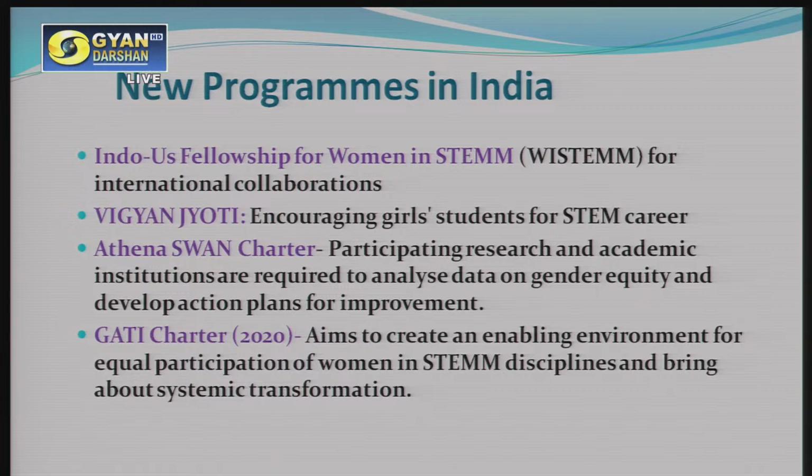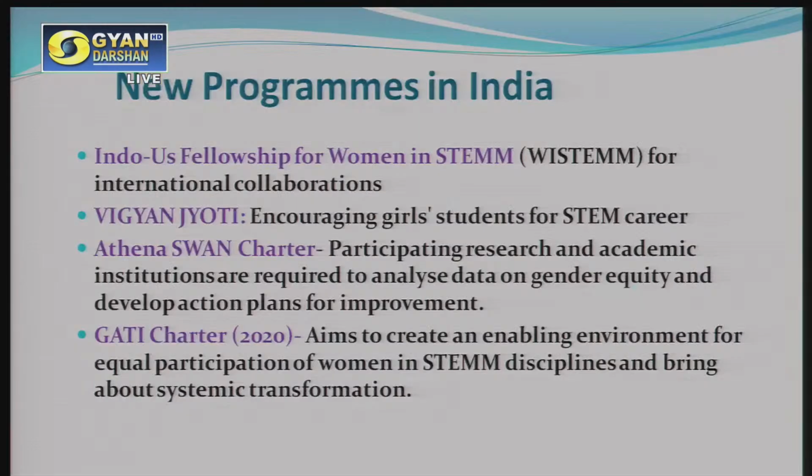And what are the other new programs in India? There is the Indo-US Fellowship for Women in STEM, for international collaborations in research, so that you can build a network and mentorship as well as role models. It's an exchange of best practices in their area of research, so they can also achieve excellence in their field.